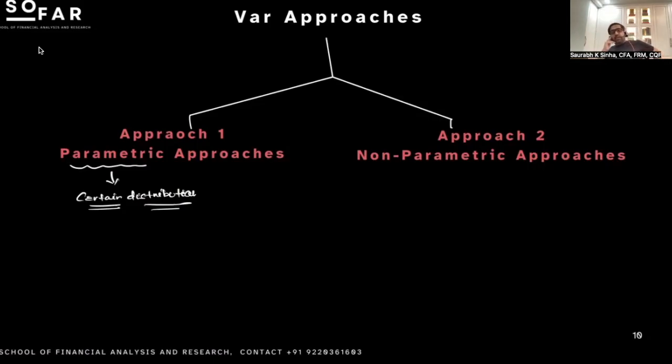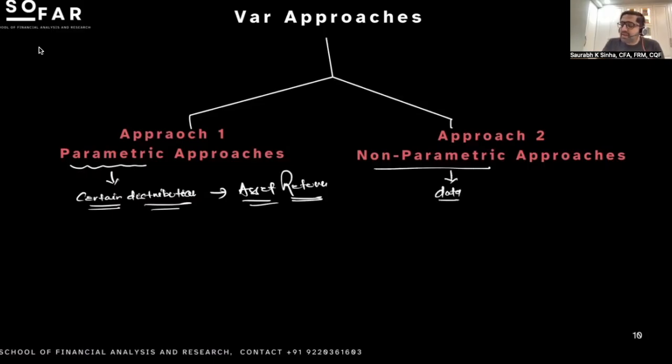I don't know whether I taught gamma or not. We studied so many distributions. Poisson distribution. So if you're assuming any distribution of your asset return, then it becomes parametric.